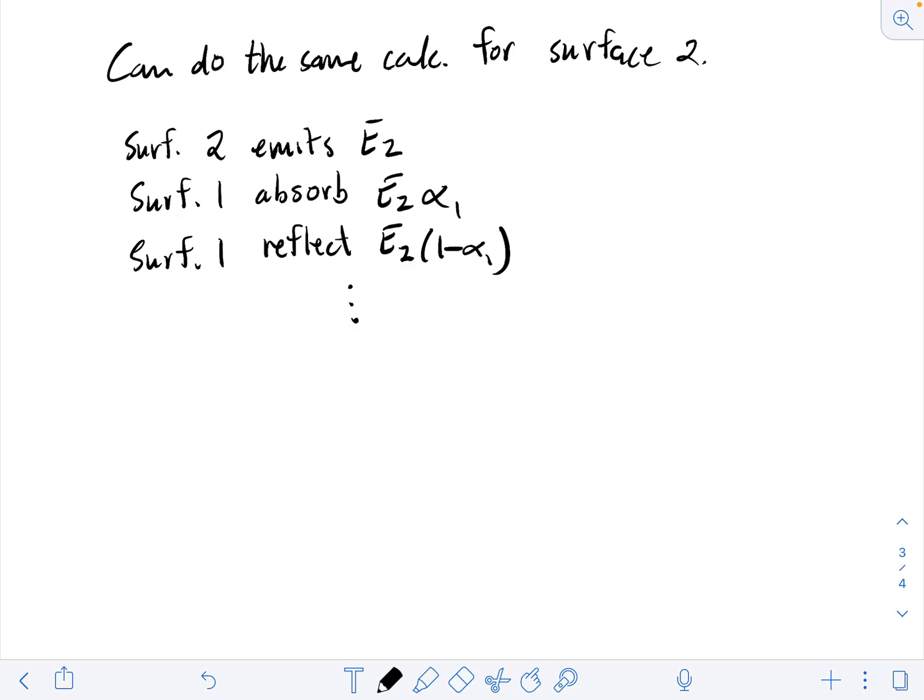Alright, so let's go back and let's focus in on the first part of the calculation where we imagine surface 1 emits an energy E1.